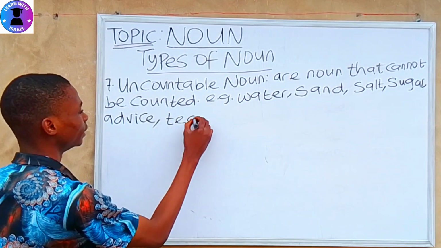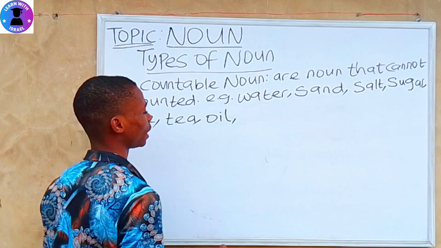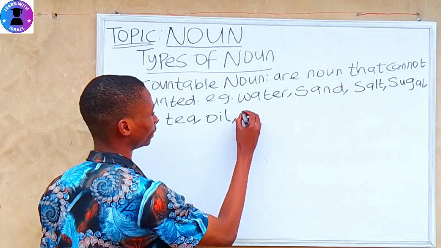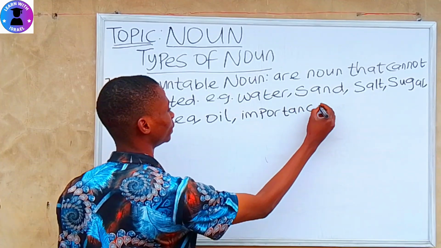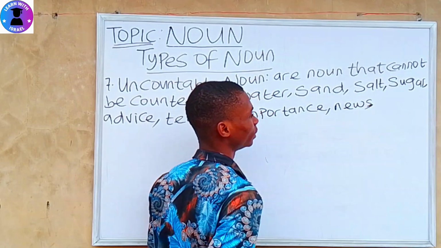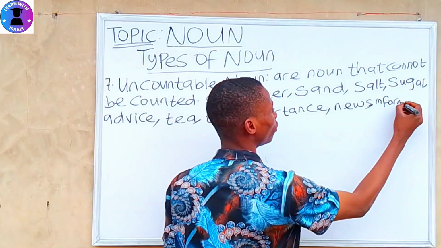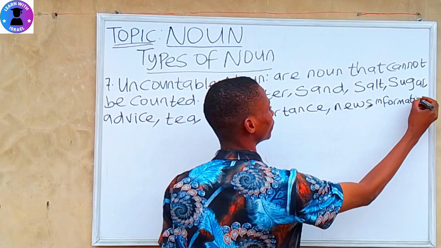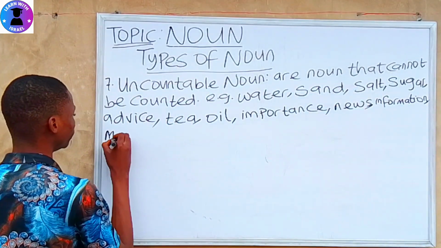Tea. Tea cannot be counted. Oil. Oil cannot be counted. Importance. Importance cannot be counted. News. News cannot be counted. Information cannot be counted. We also have milk.